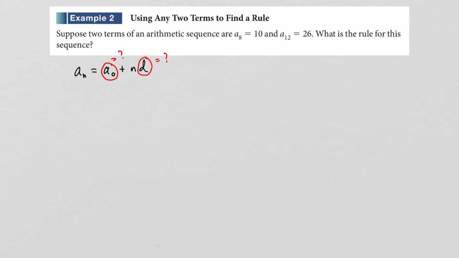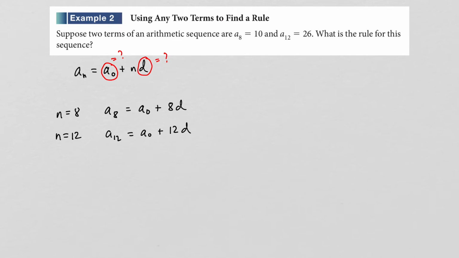There's a couple of different ways to do this. Let me go ahead and show you one method. One way to do it is to let n equal 8. If n equals 8, we have a_8 equals a_0 plus 8 times d. And if we let n equal 12, we know that a_12 is equal to a_0 plus 12 times d.